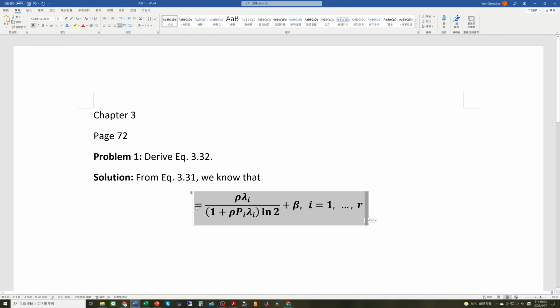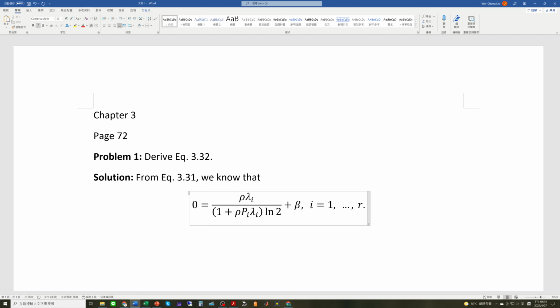So 0 is equal to rho lambda i over 1 plus rho Pi lambda i times natural log 2, plus beta, where i is equal to 1 to R. We call this equation 1.